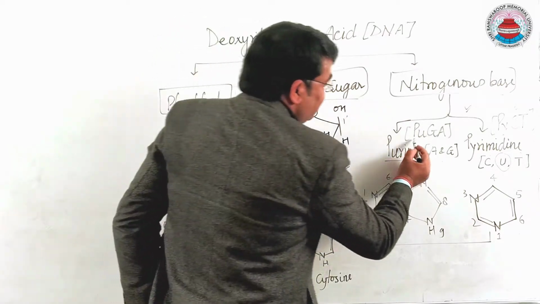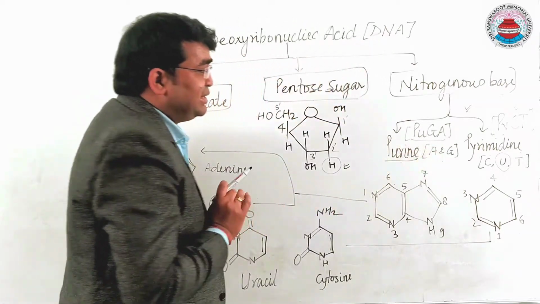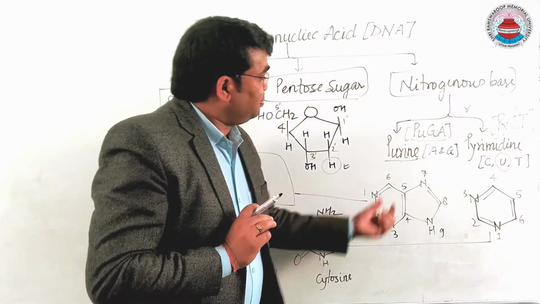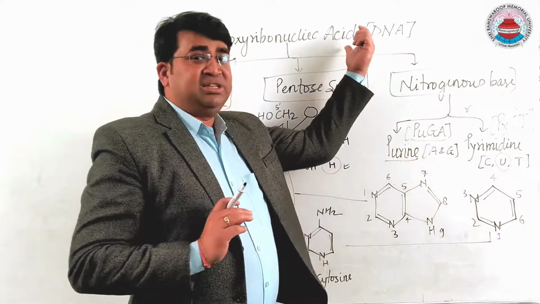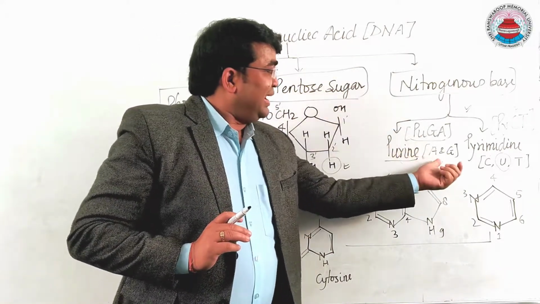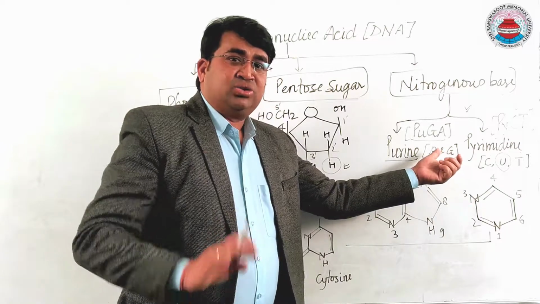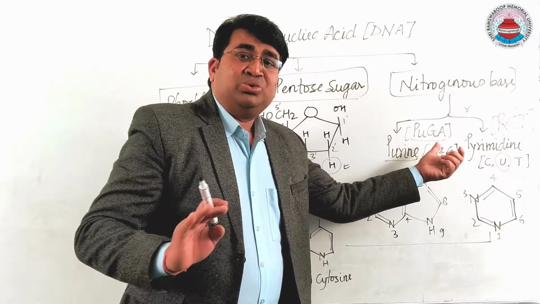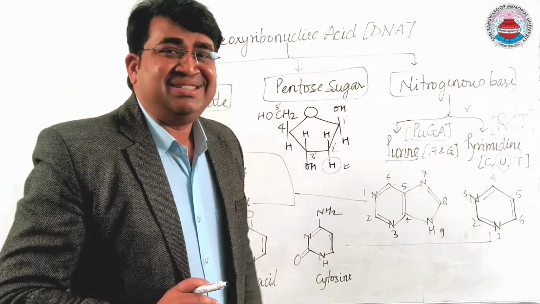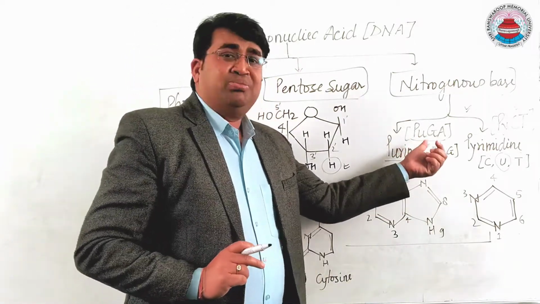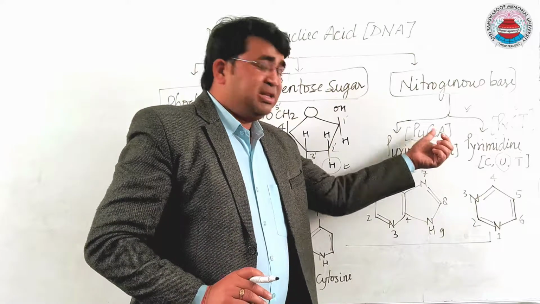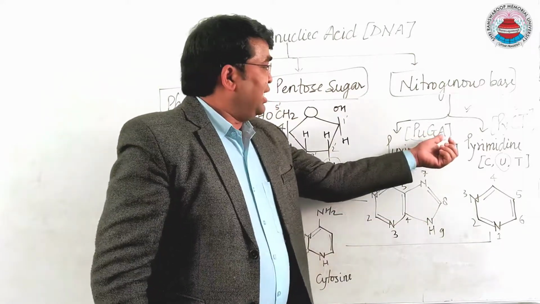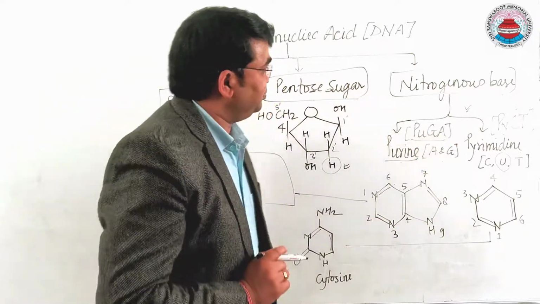So that is why I have devised it. Pu means purine, G means guanine, and A means adenine.